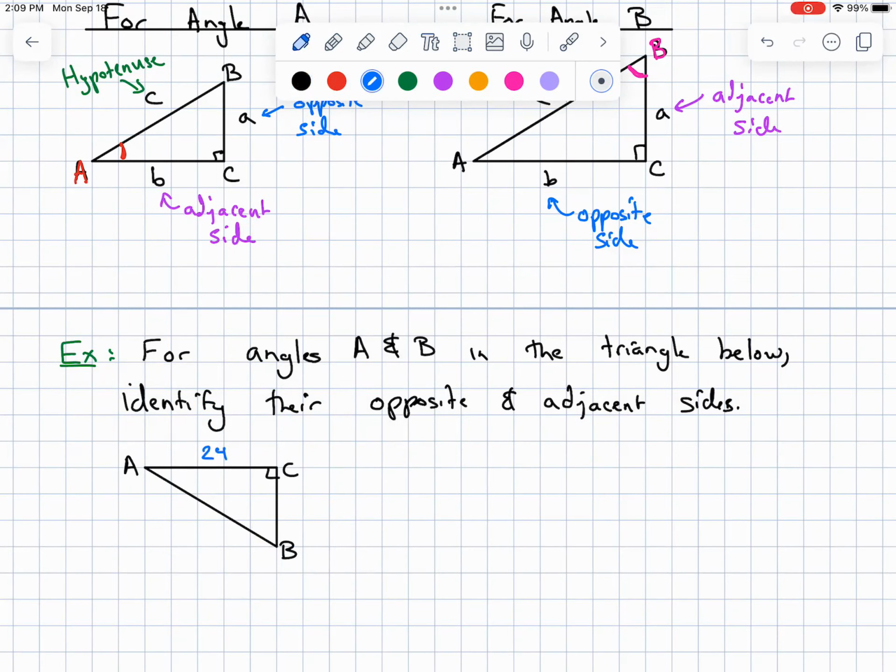The vertical distance is going to be 7, and the hypotenuse is going to be 25. So we want to find the opposite and adjacent sides for them. Let's start with angle A.